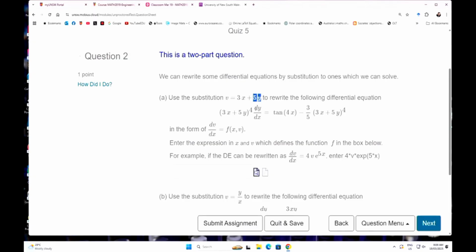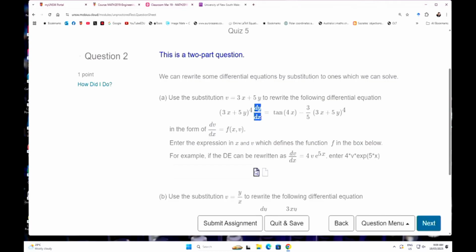Then you rearrange that and you substitute out dy/dx in the differential equation. So you get a DE in v involving dv/dx. Then you solve it for v and then you back substitute. So the substitution method's pretty good.